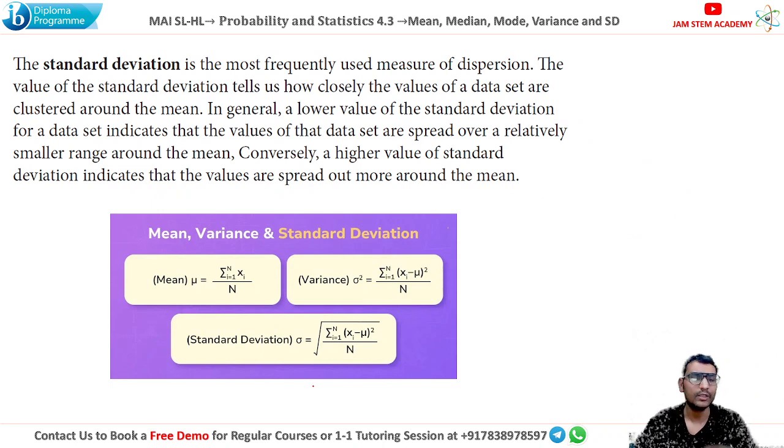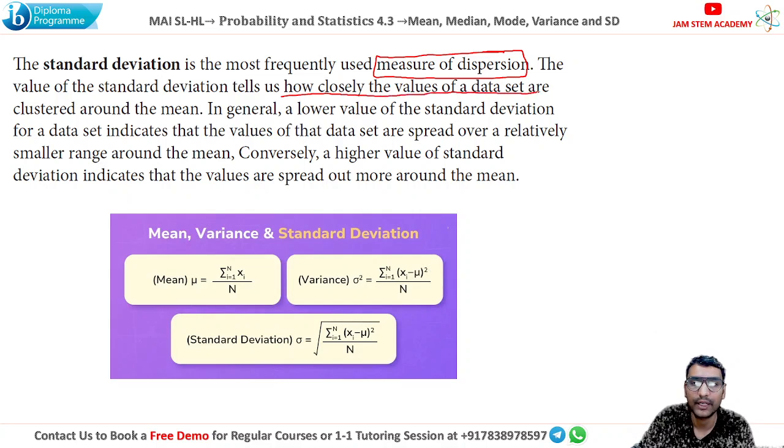Now standard deviation, it's very important. Mean, median, mode were central tendencies, right? Here we have the standard deviation. It is a measure of dispersion. Basically, the standard deviation tells us how closely the values of a data set are clustered around the mean.